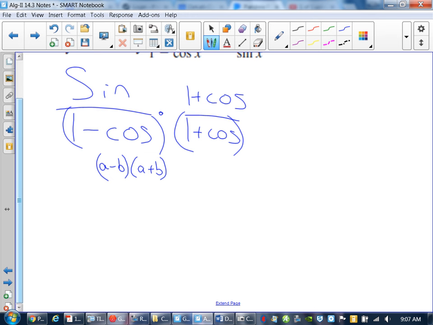Do you remember? A squared minus b squared, because that middle term would go away if you FOIL it out. I'd have 1 times 1 is 1, plus cosine, minus cosine squared. So the denominator here becomes 1 minus cosine squared. The numerator is just sine times the quantity 1 plus cosine.